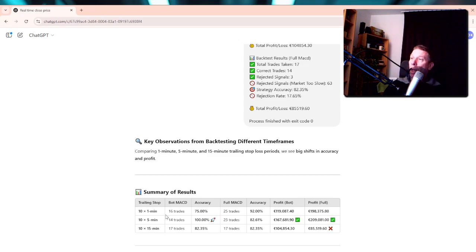Yeah, with a trailing stop loss of 10, but 1 minute candle, 5 minute candles, and 15 minute candles. And the best result was with a 5 minute candle. We had the best profit chance. I will not say the best profits, because I don't believe the profits that they show here, but at 14 trades, an accuracy of 100%.